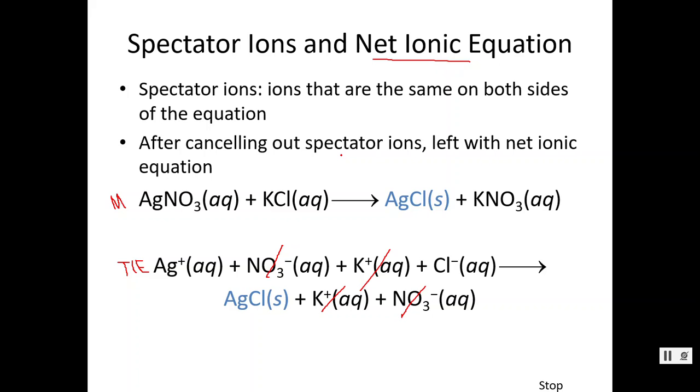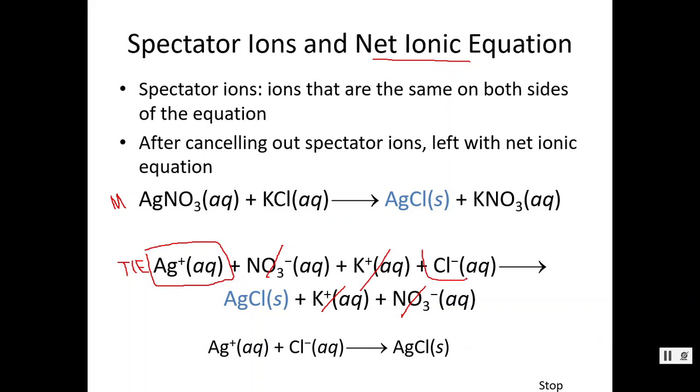Once you cancel out those spectator ions, you are left with the net ionic equation, which is essentially everything else after you cancel out the spectator ions. And so you see what I'm boxing here in red. What's left, what's boxed in red, is all that is shown in the net ionic equation.